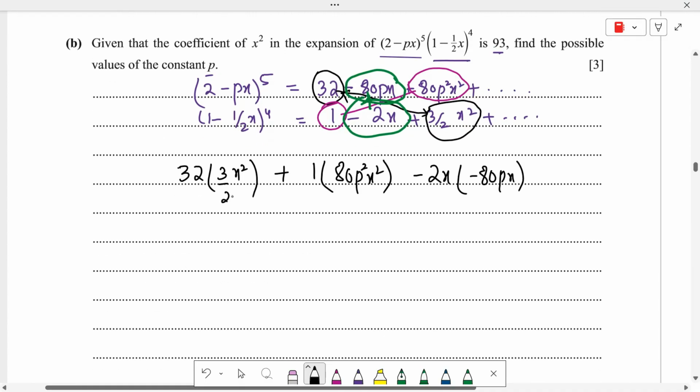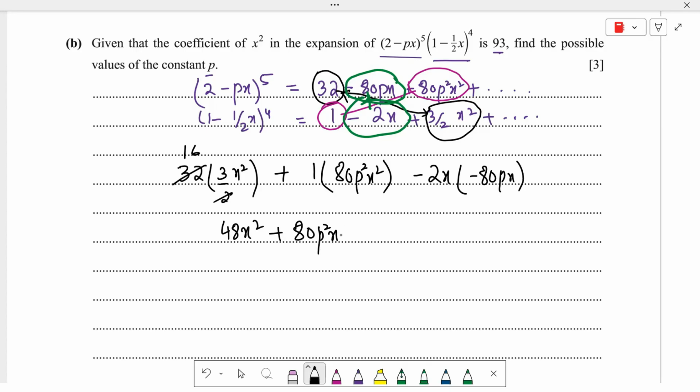So 16 times 3 is 48x squared, plus 80p squared x squared, minus 2 times 80 is positive 160 x squared p. These are the terms of x squared, and the coefficient of x squared is equal to 93. So 48 plus 80p squared plus 160p is equal to 93.